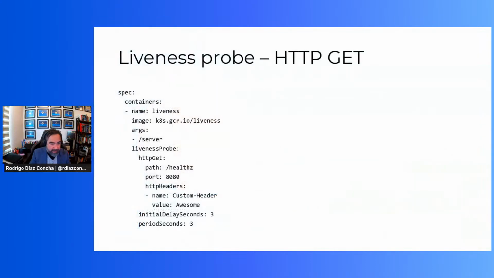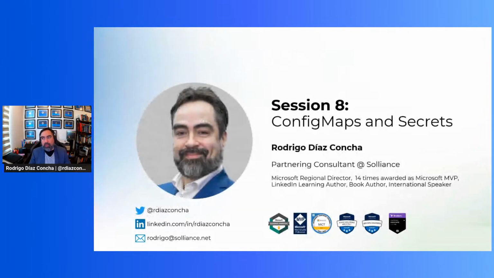So this is what I had for today. In the following session, we're going to talk about config maps and secrets. Those objects allow developers and architects to store configuration keys and values or secrets, for storing your connection strings or API keys or whatnot.